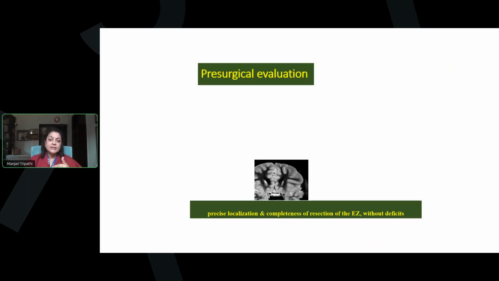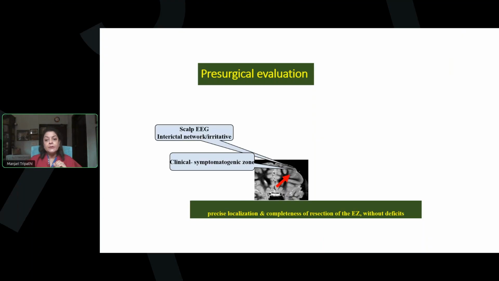So most centers which start out, which is the level 1 centers, would be able to do a symptomatogenic zone localization by looking at the semiology on video EEG, and then would be able to look at the scalp ictal onsets as well as the interictal to look at the ictal onset zone and the irritative zone respectively. And then, of course, a very good MRI, which will look at the lesion.